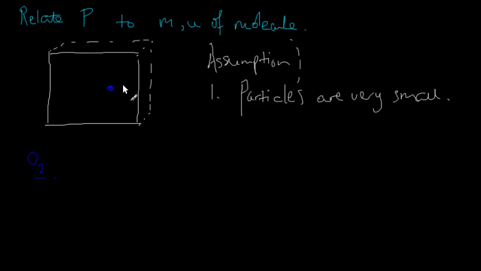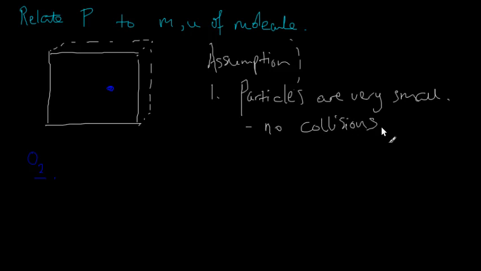So the particle would just travel round and bounce between the walls of the box and hardly ever bump into another particle, even though there are so many of them, because the particles are so very small. Then the next thing I'm going to assume is that, since particles are very small, there are no collisions.